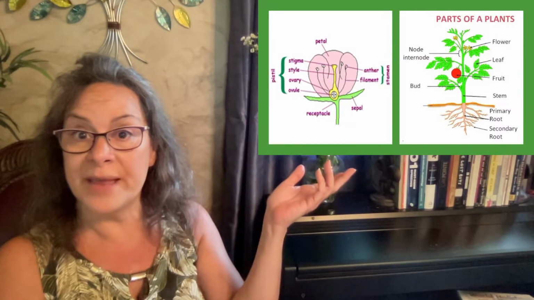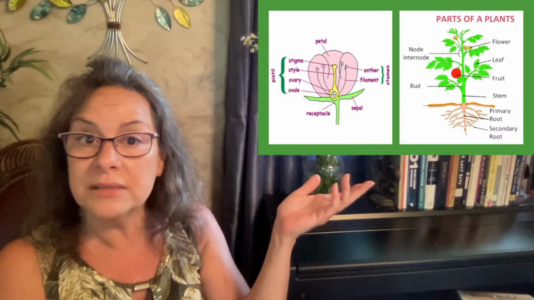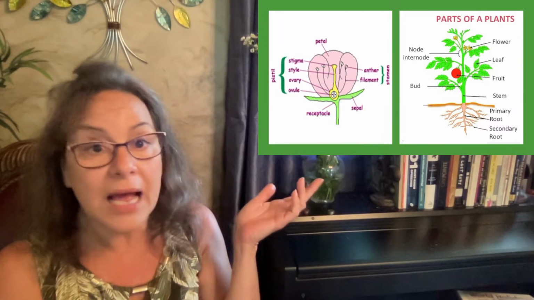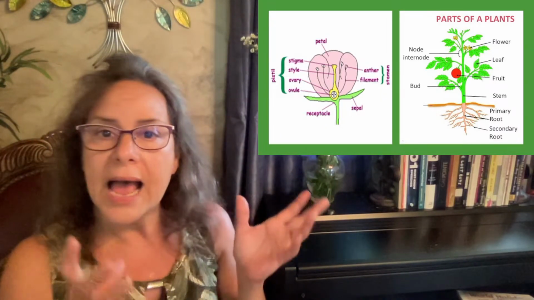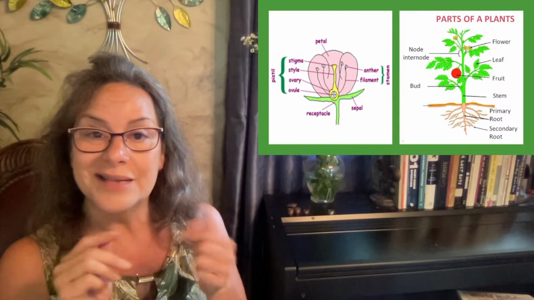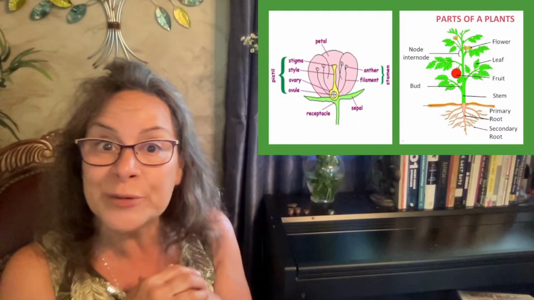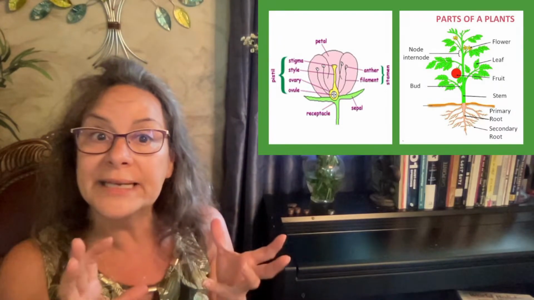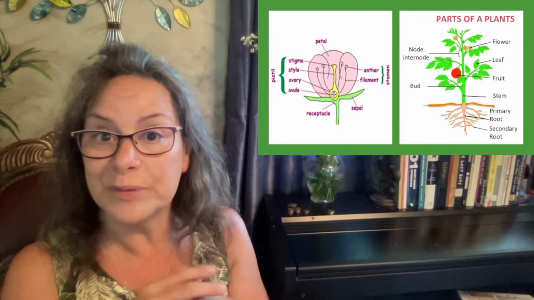Some plants have both male and female parts, and some plants just have male parts, and other plants have female parts, like holly. Holly, you have to plant a male plant next to a female plant to get those nice red berries. Otherwise, you wouldn't have those red berries on holly. And the plants that don't have red berries are the male plants.